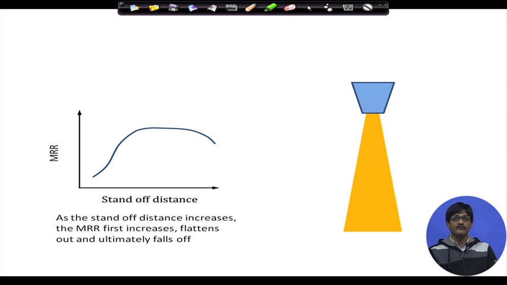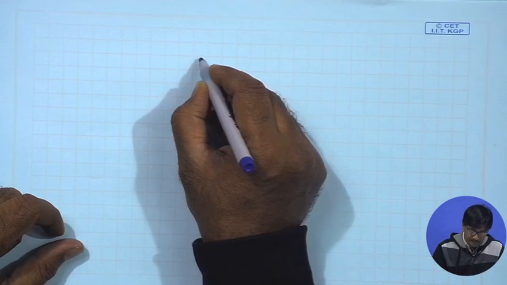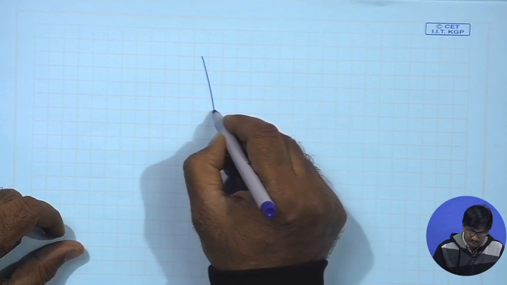Standoff distance means that whenever we are having the end of the tool as a nozzle, and from the nozzle abrasives are coming out at high speed, then the distance between the nozzle tip and the workpiece surface, that is called the standoff distance, and this is generally of a very low dimensional value, say 0.5 millimeters, quite common. So, a very small distance is there.